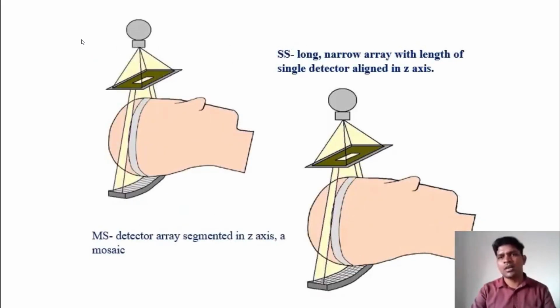You can see in the image that with single slice CT you get one single slice, a single narrow detector along the z axis, whereas in the multi-slice detector there is an array of segments along the z axis.